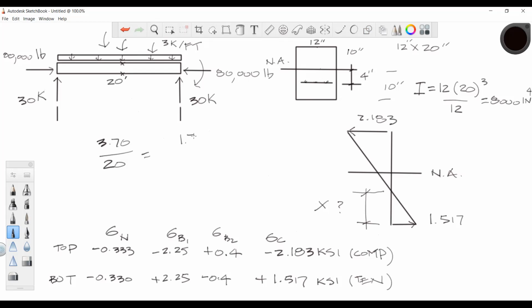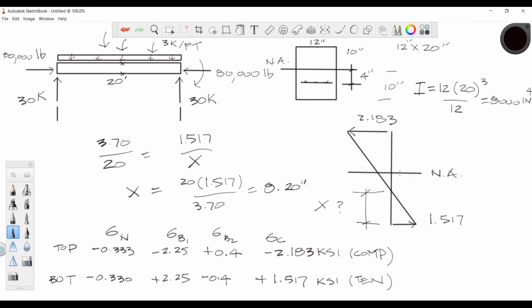As 1.517 is to a distance X. Solving for X, you get what? Okay, so I get a value of 8.2 inches.